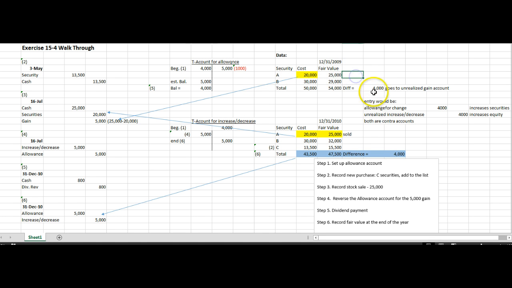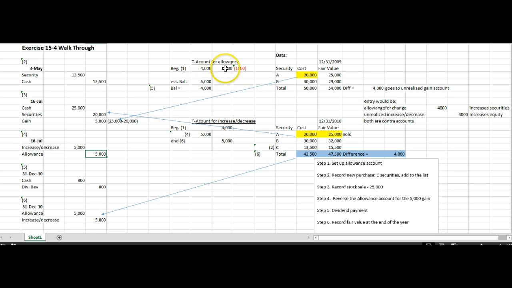Because this is the net of the -1,000 here and 4,000 here, or 5,000 here. So I've got to remove that. That sets up a debit to the increase and decrease, which brings it down here. And I want to remove that from the allowance account, which is 5,000.